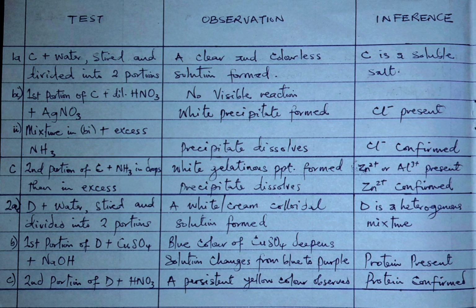The reaction will lead to a color change to purple, and the deepness of the purple will depend on the amount of protein in the sample. If the protein is much in that sample, then the purple color will be very deep. But if it's less, the purple color will be a little lighter.